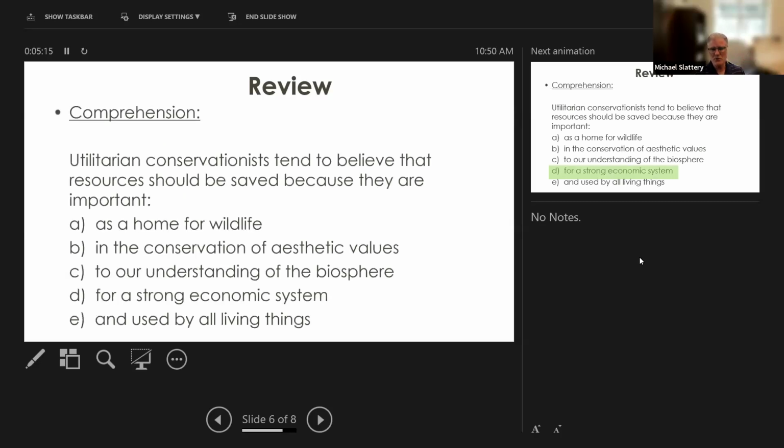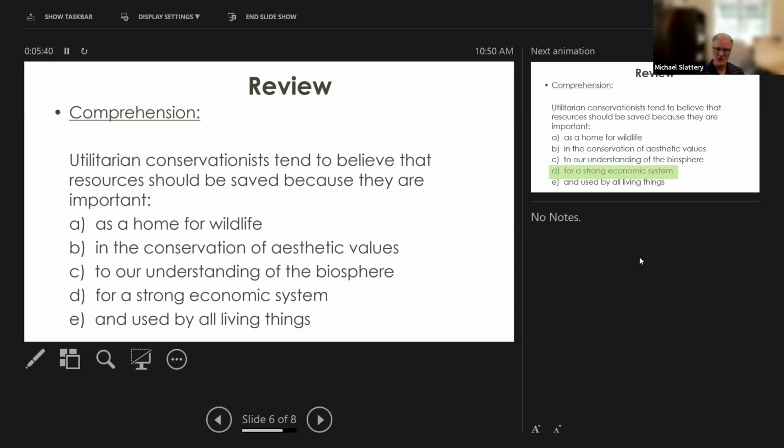Here's another one. This is a comprehension type question. Utilitarian conservationists tend to believe that resources should be saved because they are important as a home for wildlife, in the conservation of aesthetic values, to our understanding of the biosphere, for a strong economic system, or to be used by all living things. So why is it comprehension? First, you have to understand what utilitarian conservation is, or pragmatic conservation.